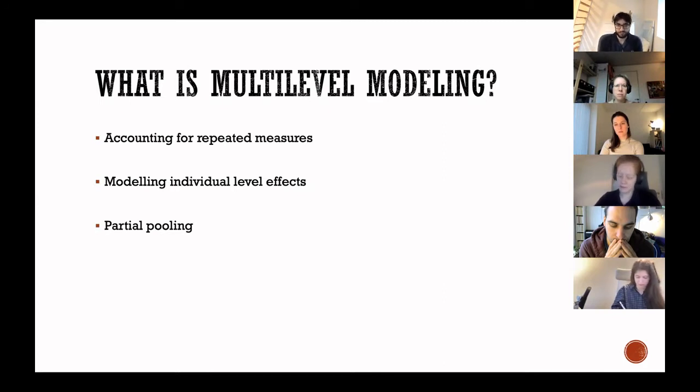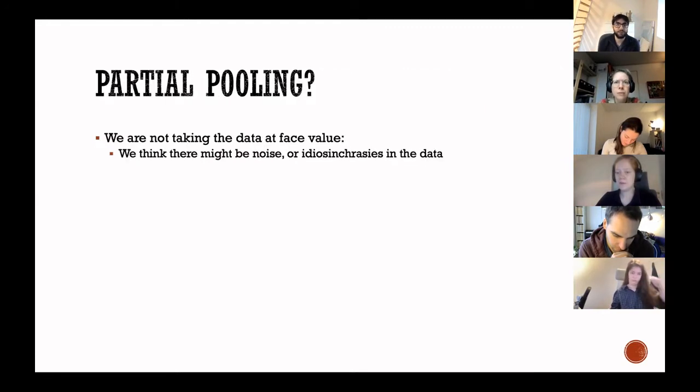But more intriguingly, what multi-level modeling does is partial pooling. I'm going to spend a few slides on partial pooling because it's something that is often neglected when discussing repeated measures, but it's really a cool and powerful aspect of multi-level modeling. What is partial pooling?